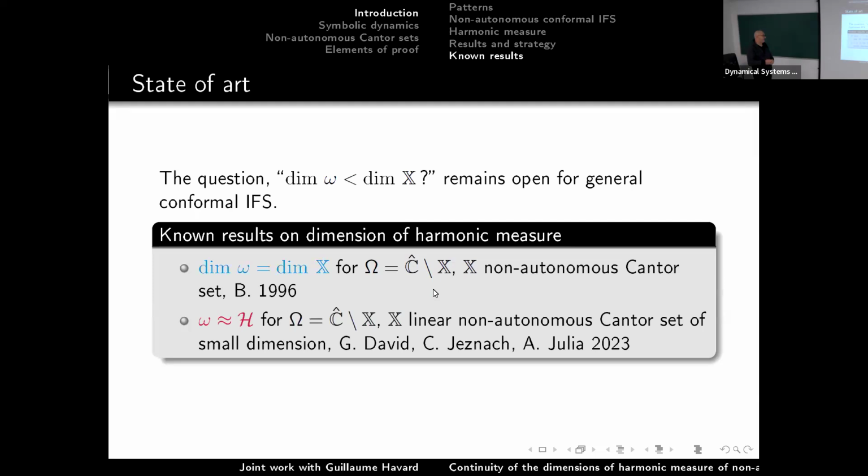So just 2 words, because things are interesting. Okay, we have a dimension. Can we say something about the measures? Can we say that whatever happens, harmonic measure and Hausdorff measure in the right dimension will be singular?